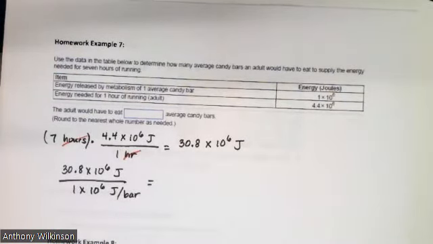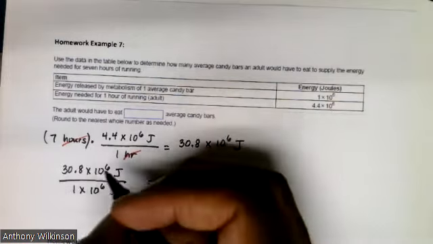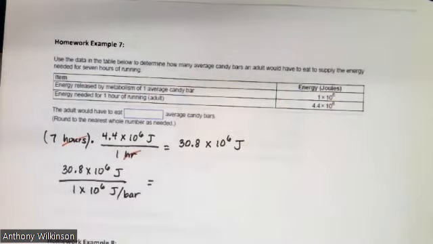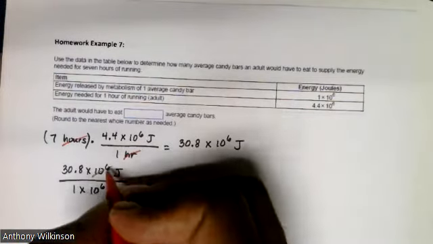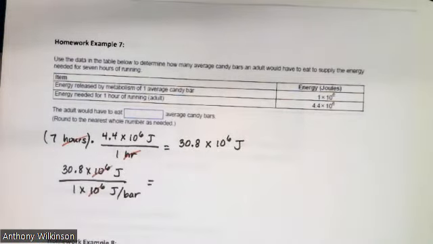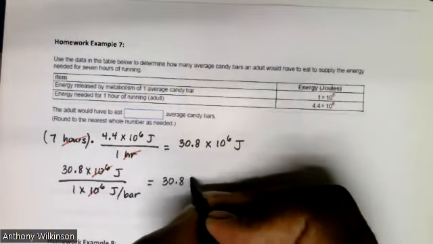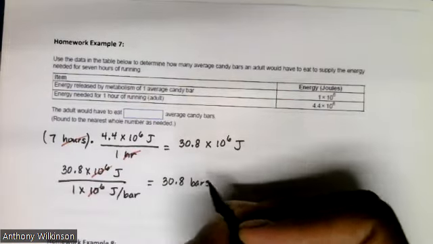Now, in this case, your 10 to the 6 is going to divide out. 30.8 divided by 1 would just be 30.8. And it's actually 30.8 bars.